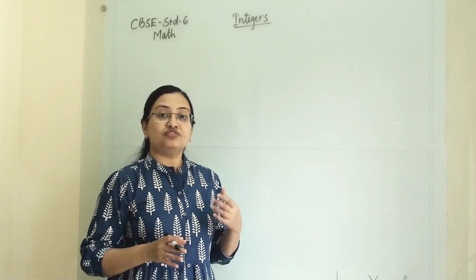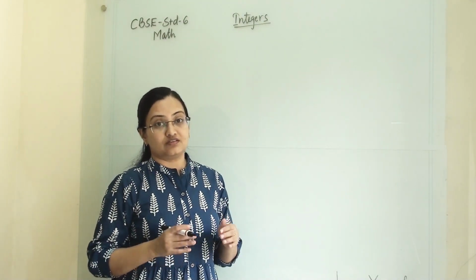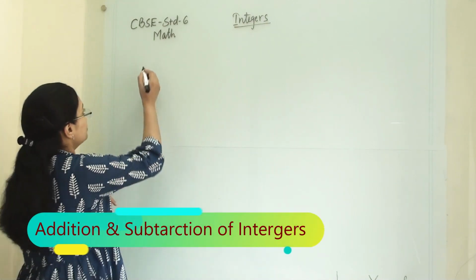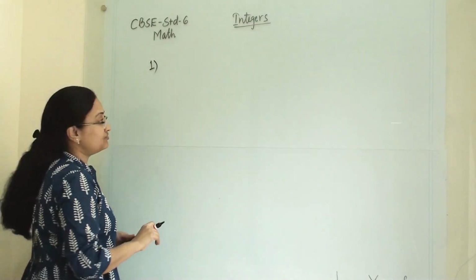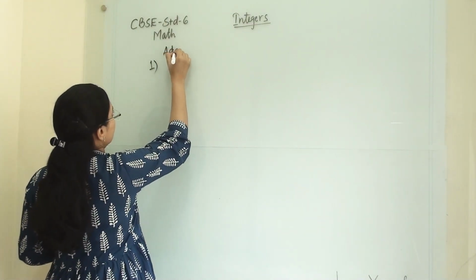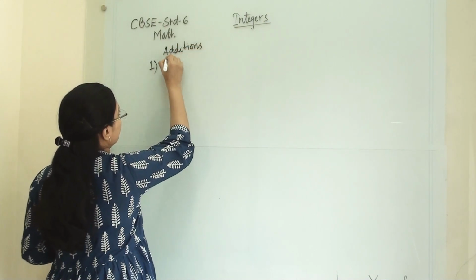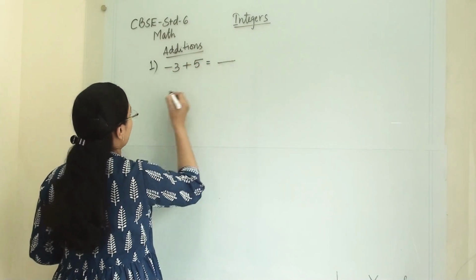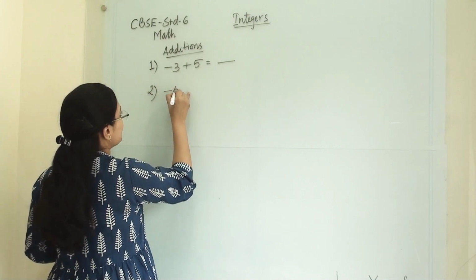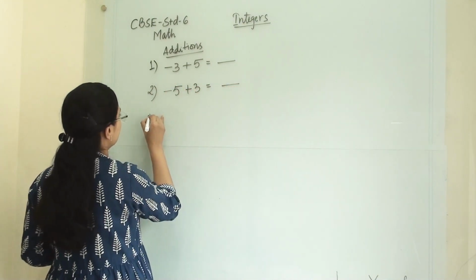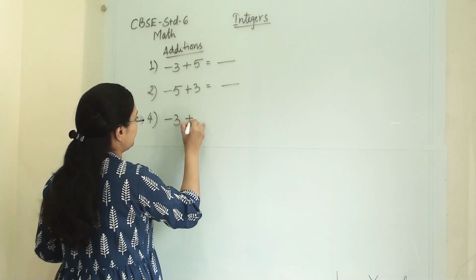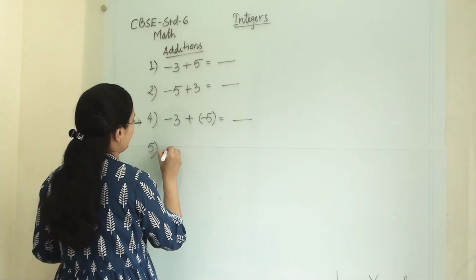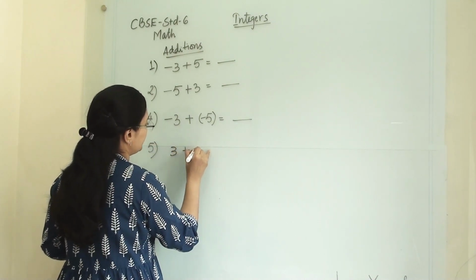Now let us see some addition and subtraction of integers in which negative numbers and positive numbers are equally involved. So let us see some addition first. Here -3 I am going to add to +5. Then -5 I am going to add to 3. -3 plus -5. 3 plus 5.